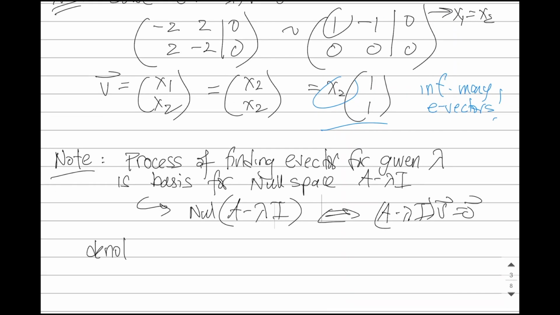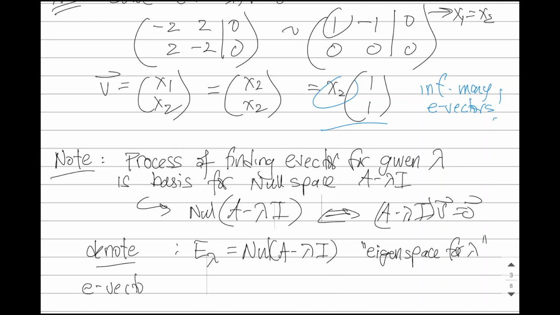The non-trivial ones are the ones we are looking for. We're going to say E subscript lambda is the null space of A minus lambda I, and we're going to call this the eigenspace for a given lambda. When we say an eigenvector, what we mean is a basis for this eigenspace.